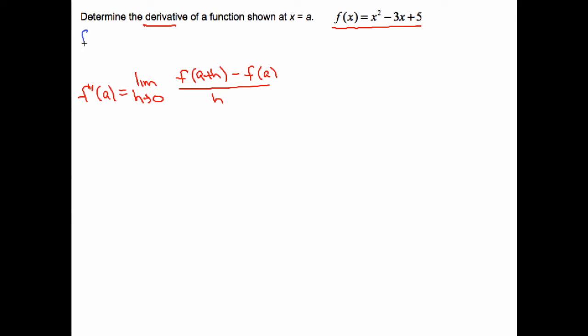Now, I know what f of a is. If I substitute a into the function f, I end up with a squared minus 3a plus 5. For f of a plus h, I'll substitute in a plus h everywhere I see an x. So this would be a plus h squared minus 3 times a plus h plus 5.